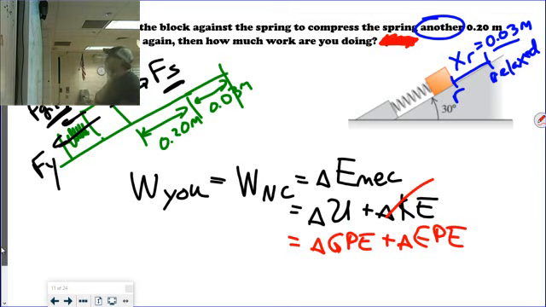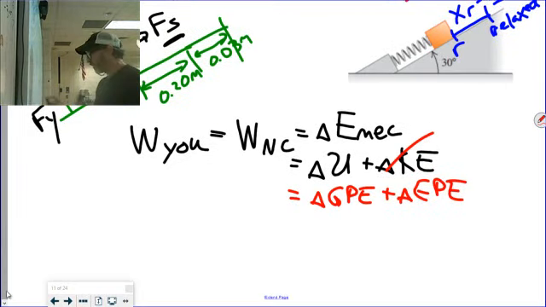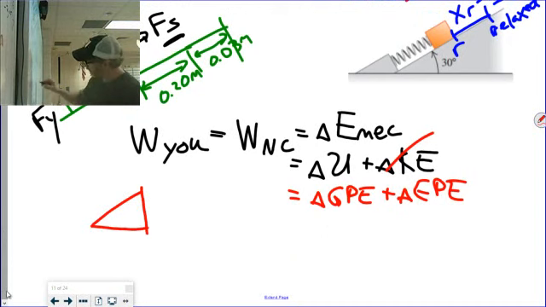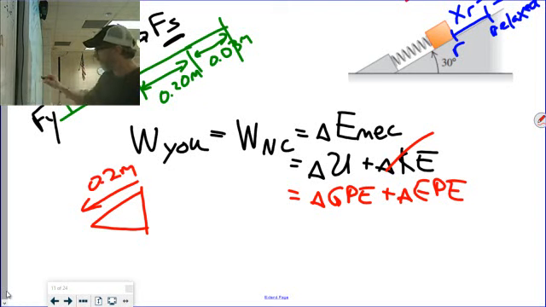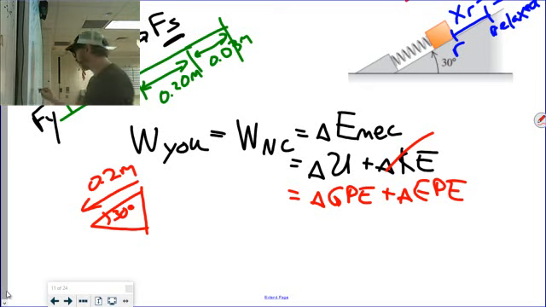So, let's see. Change in GPE, let's deal with that first. Sorry, wandering around over here. So the idea is we've got this ramp, and we're going to smush the box so it goes down the ramp a distance of 0.2 meters. But since this is 30 degrees, you can do 0.2 times the sine of 30 and figure out that your change in height is negative 0.1 meters, right?